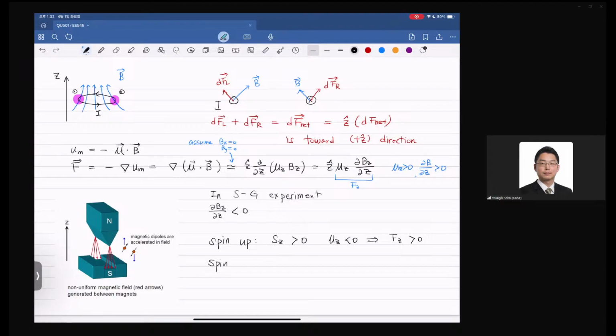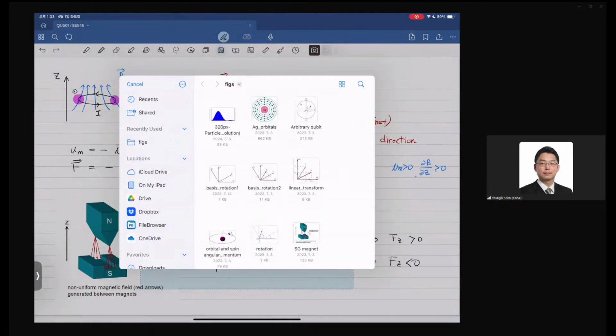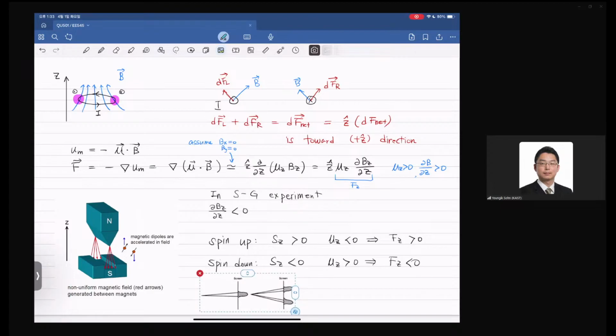For spin down, S_Z itself is negative, mu Z is positive, F_Z is going down, okay, spin down. Then you will end up having this picture. I'll repeat the picture you saw again here, the up-down experiment result you'll get here.